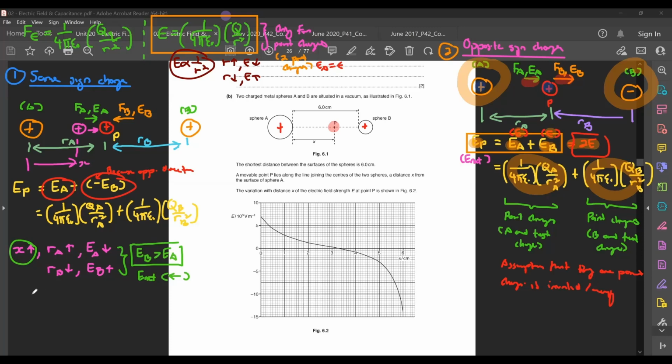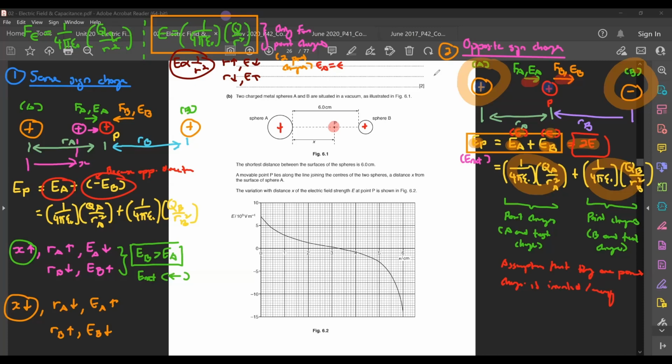Then after that, what happens if I say the X decreases? If my X decreases, this would mean that RA drops, so EA increases. And then conversely, RB would increase, so that EB drops.